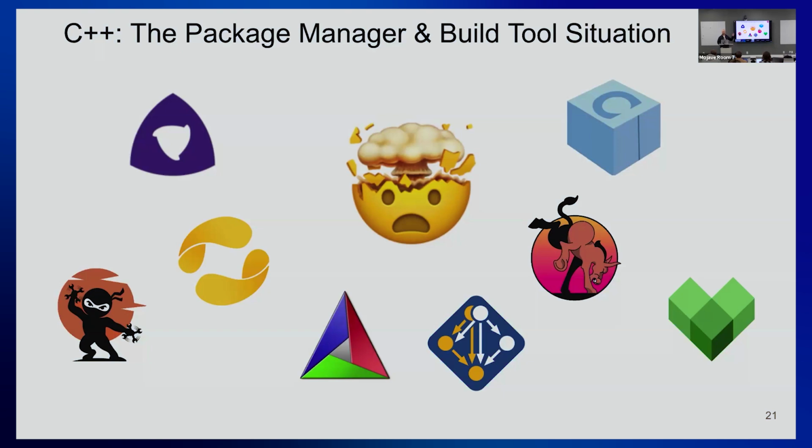If you can't, please raise your hand. What is the first one? It's called Buckaroo. Yes, this one is Ninja. So I have personally used Bazel, CMake, Ninja, somewhat familiar.